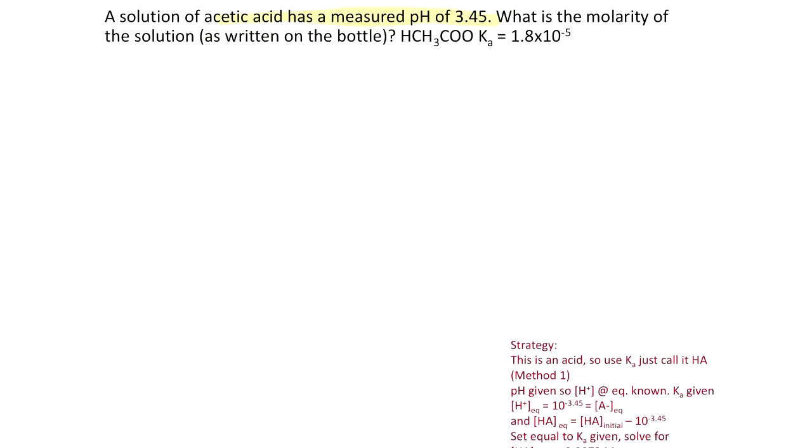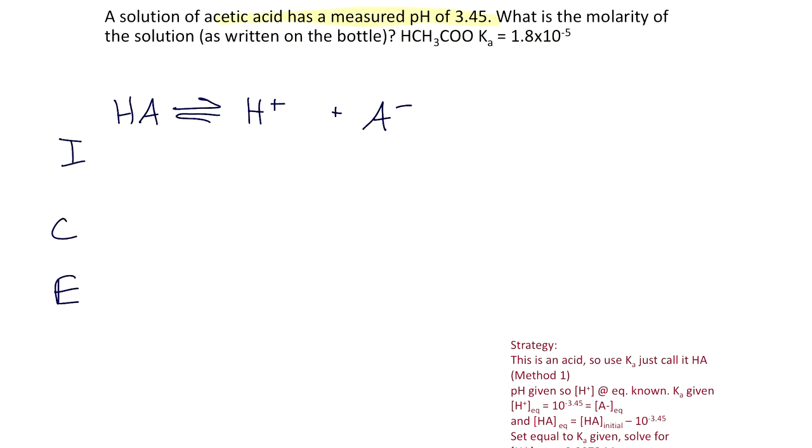So let's write our ICE table. What are we putting in water? An acid, so we should write which expression? Ka, yes. So I'm just going to write a generic one. HA ionizes to H plus and its conjugate base. We got our ICE table.